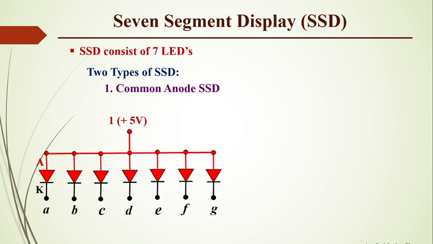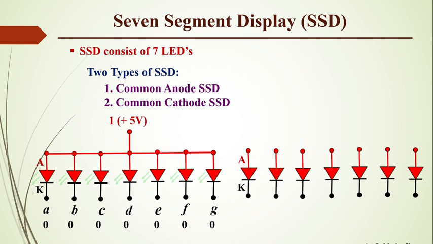If we want to glow a particular segment, we have to make this input equal to 0. As we make this input equal to 0, the LED will glow. In this way, by making the particular input equal to 0, we will be able to glow the particular segment.